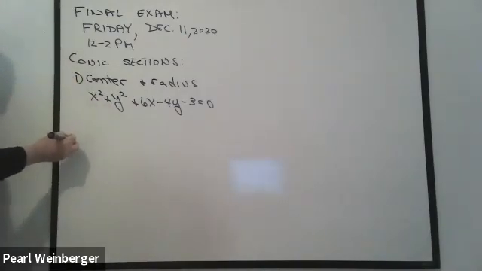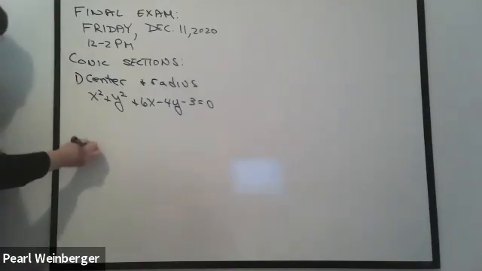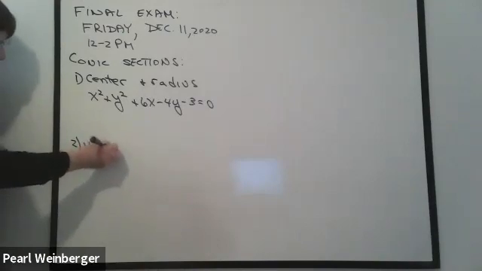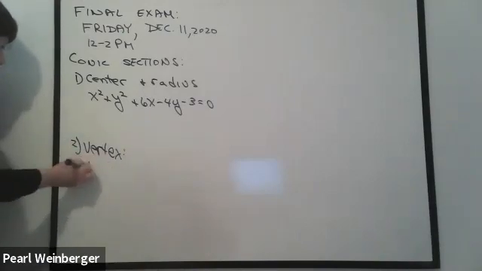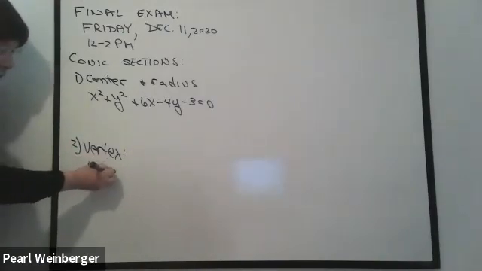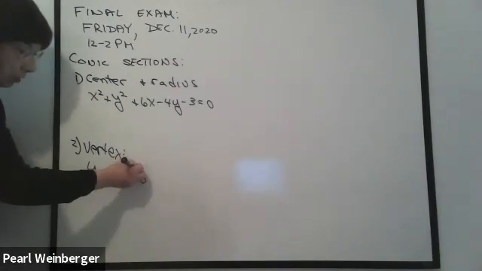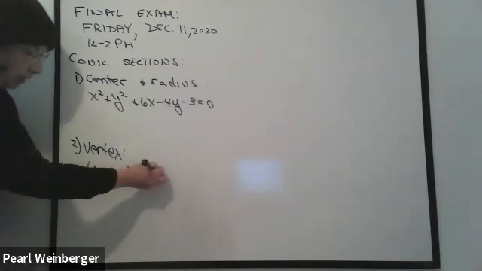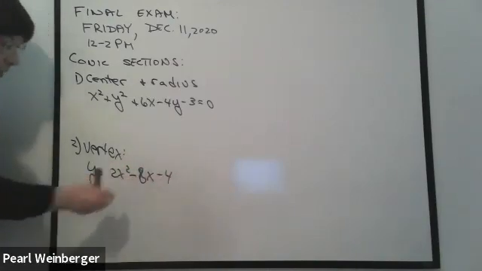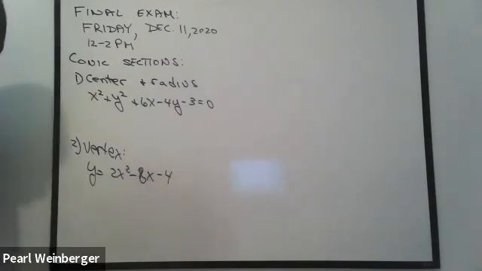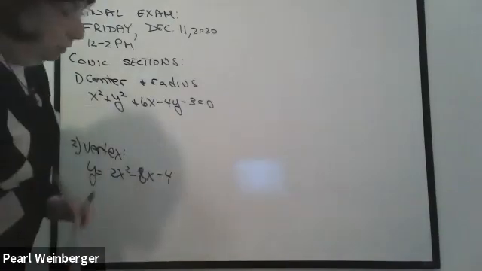The second question I'd like you to do is to find the vertex of the parabola y equals 2x squared minus 8x minus 4. Let me rewrite this.